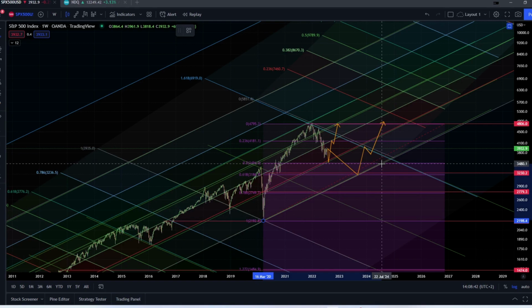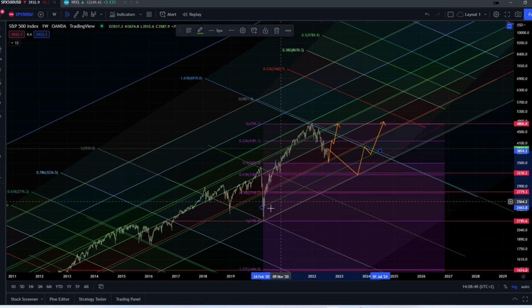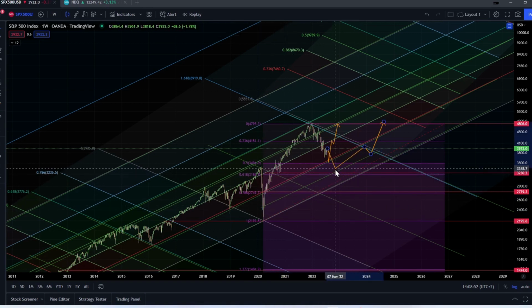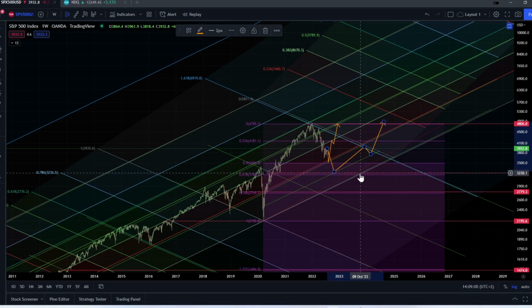If we take this ascending line, for instance, and we move it a little bit higher to this area here, eventually we could see the market trying to bump here at this 3,200 target, much ahead of this October 23 intersection.